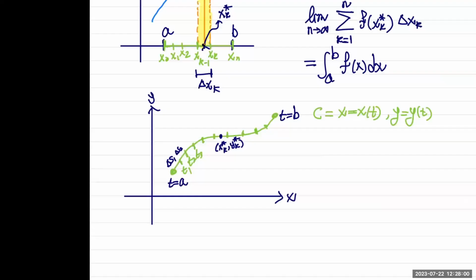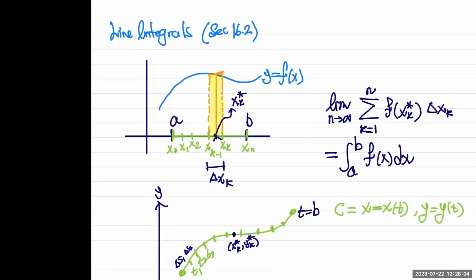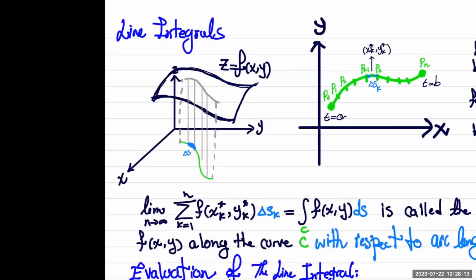Okay, so again, here we integrated this function over the interval AB, but for line integrals, we integrate the function over a curve that is in the xy plane. So what does that really give us?